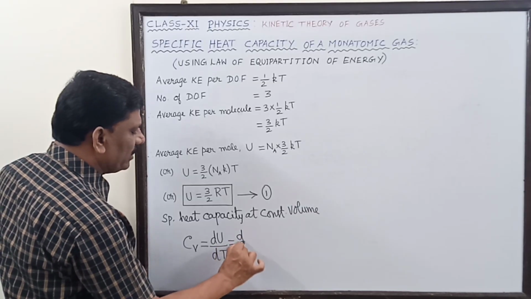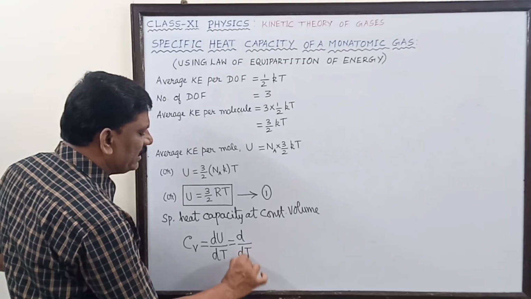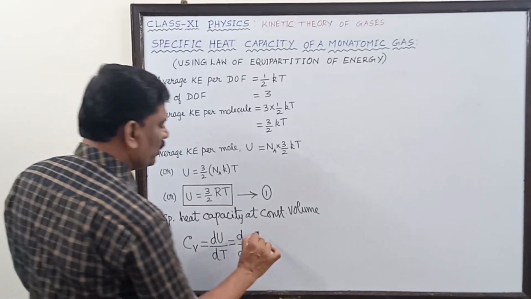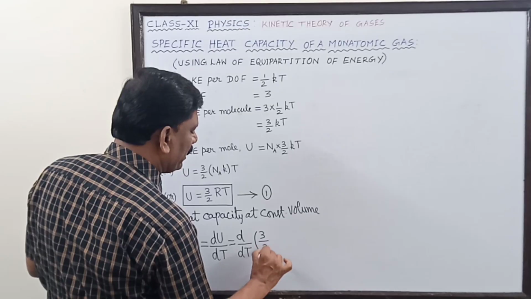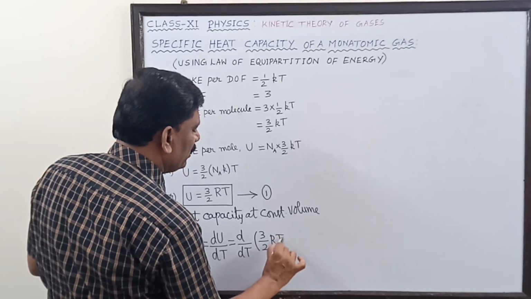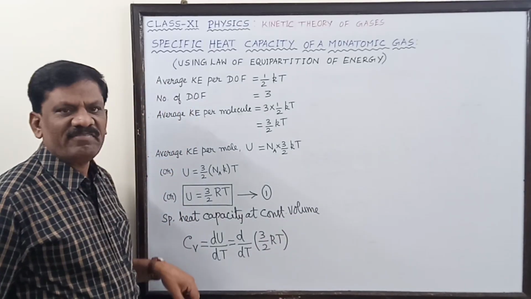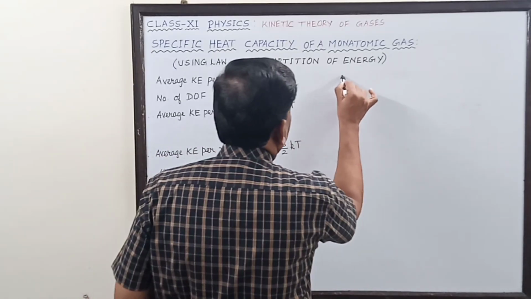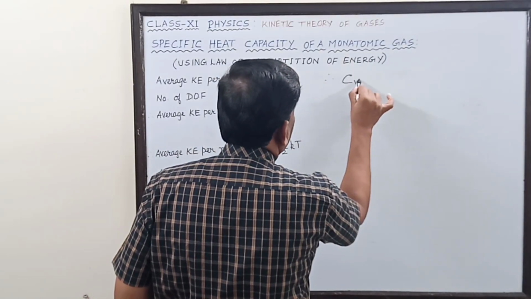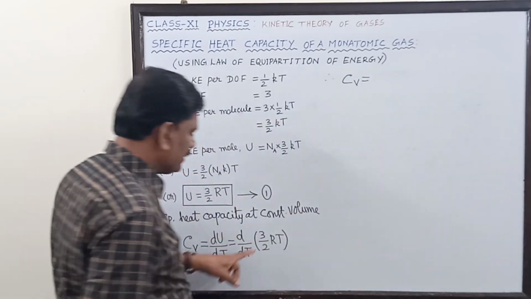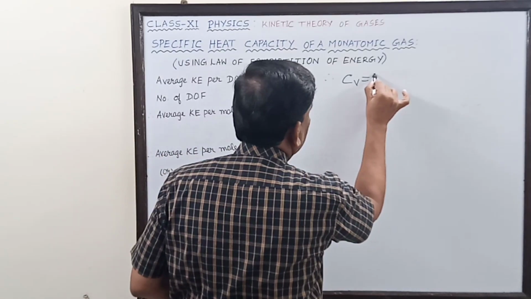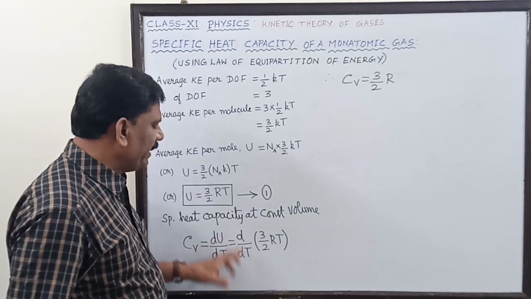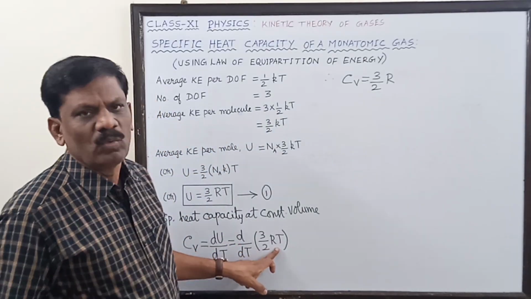So this is equal to d by dT of 3 by 2 RT, substituting for U. While differentiating, the constant is taken out. So Cv is 3 by 2 R into d by dT of T, which is 1.